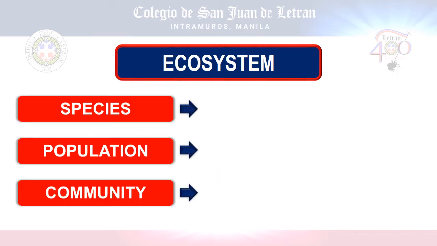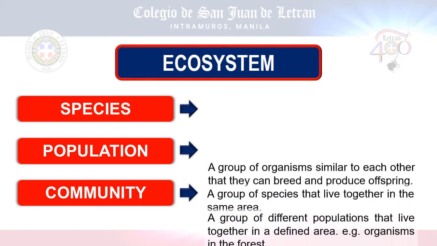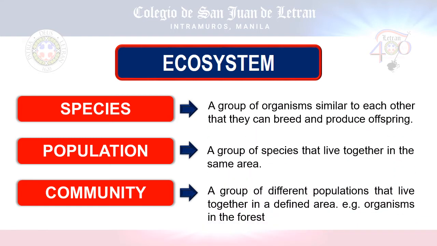Let's now move on to the different factors of ecosystem. 1. Species. A species is a group of living organisms consisting of similar individuals capable of exchanging genes or interbreeding. Next, population.